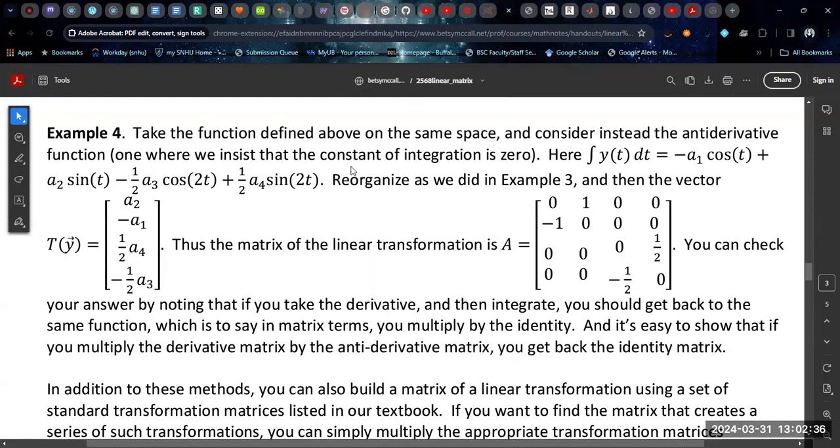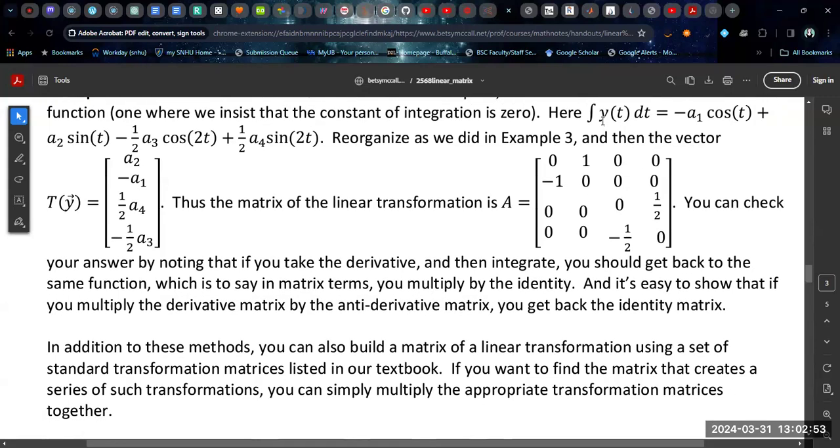Now let's consider the function defined on the same space and consider instead the antiderivative function. And again, we're going to insist here that the constant of integration is 0 just to make things properly linear. So here, if I do my antiderivative of my string of functions, I'm going to get negative a1 cosine t plus a2 sine t and minus 1/2 a3 cosine 2t and 1/2 a4 sine 2t, which will give me this as the result of my transformation.